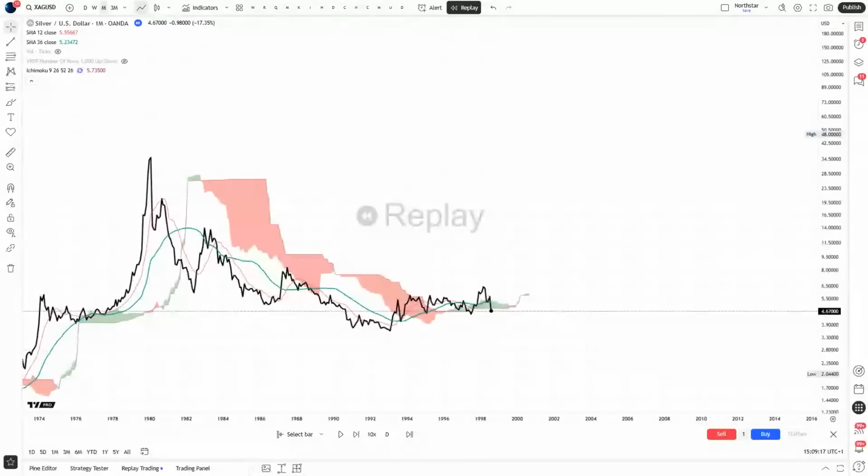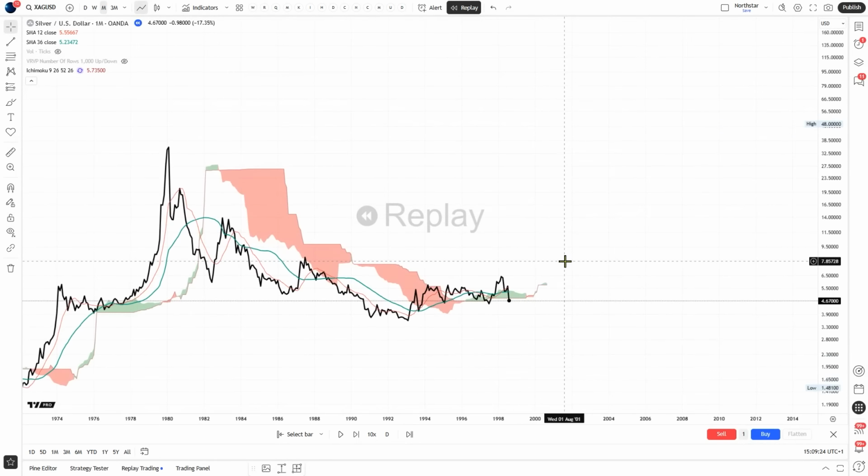And what we're looking at here is the silver chart back in the late 1990s, in fact. You can put a lot of different technical indicators onto a chart. There's literally probably hundreds of them out there.